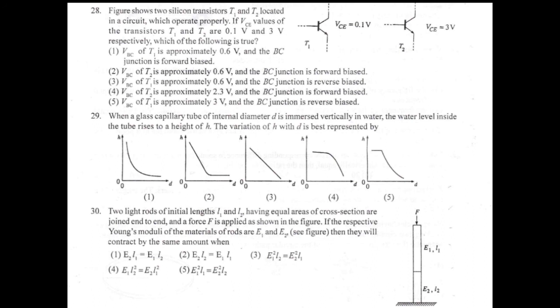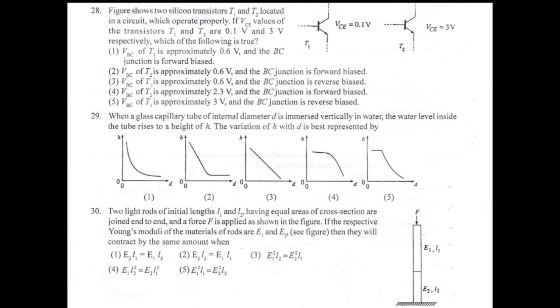Question number 30. Two light rods of initial lengths L1 and L2. Cross-sectional areas are equal. These rods are joined end to end and force F is applied on that. They are asking for a relationship of the Young modulus and the original lengths of the rods.